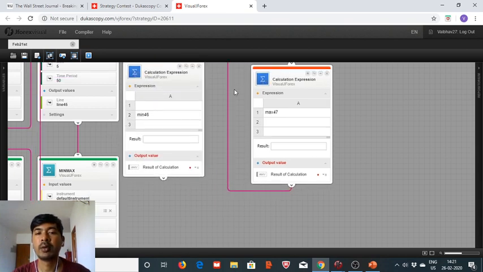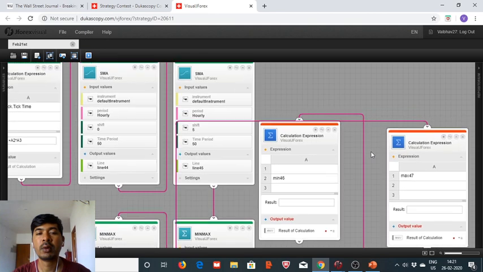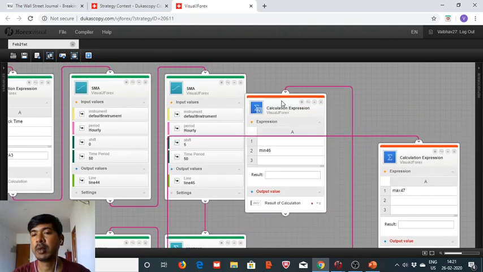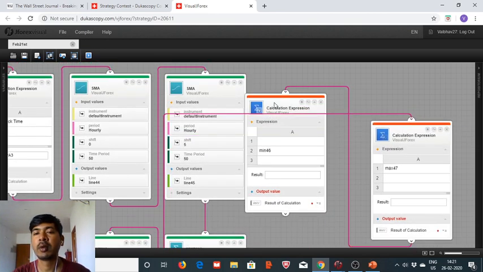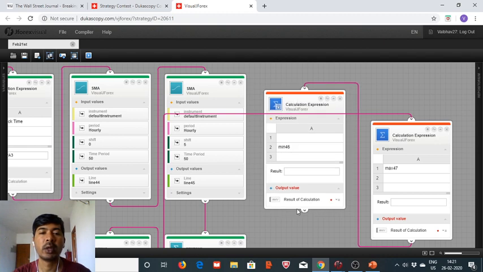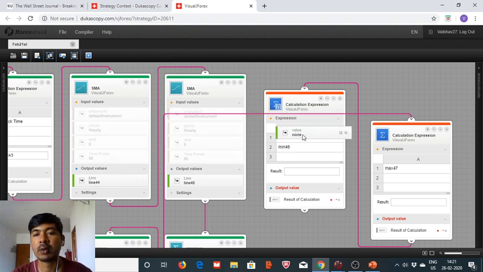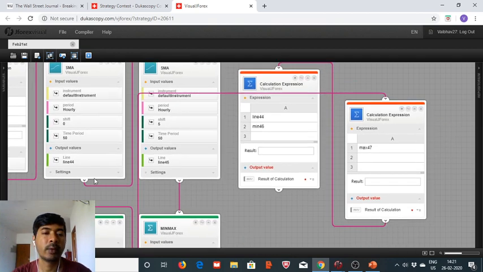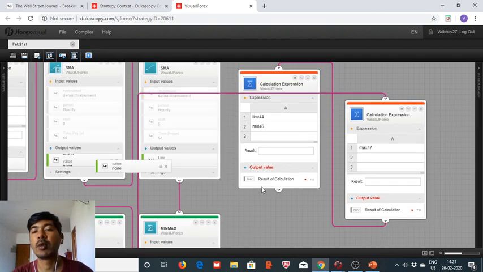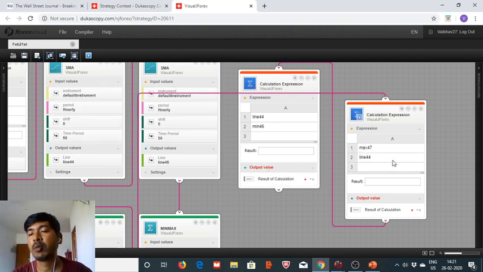And now what we do, we add the SMA blocks, and for SMA blocks to be operational we need the current SMA value, that is line 44. So we will be deducting the minimum value from the current SMA, whereas we will be deducting the current SMA value from the maxima, and both these will be defined at 30 pips.